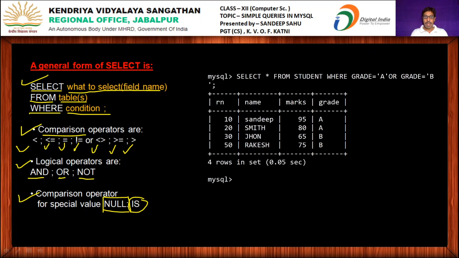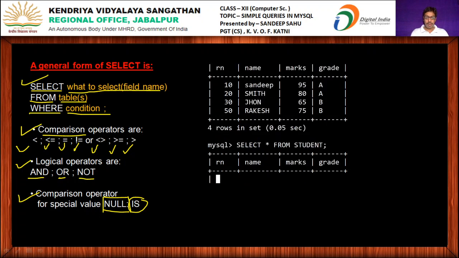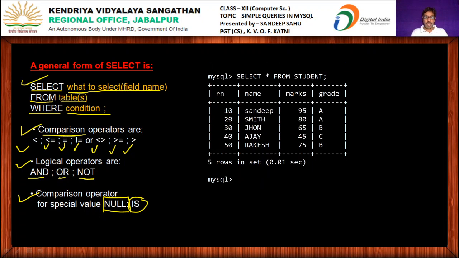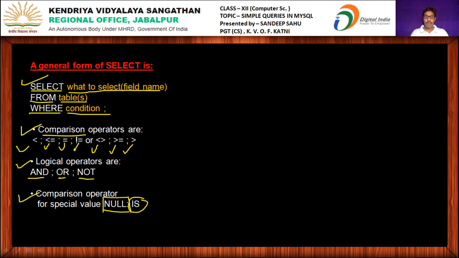Now let's talk about null. Let's see the records of the table first. These are our records. To understand the concept of null, let's insert one record with null values.